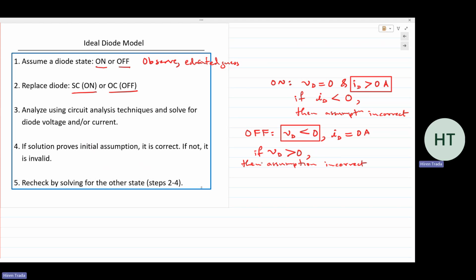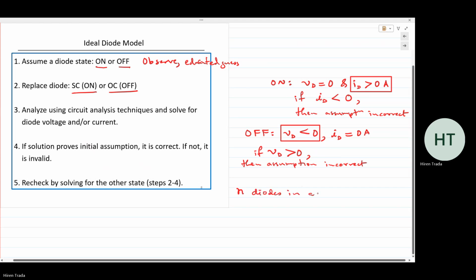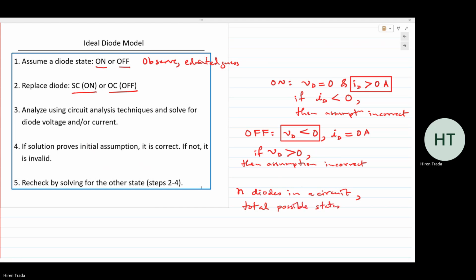So one diode, two states. If you have more than one diode, it multiplies exponentially. If you have n number of diodes in a circuit, the possible combinations of the total states equal 2 raised to n.